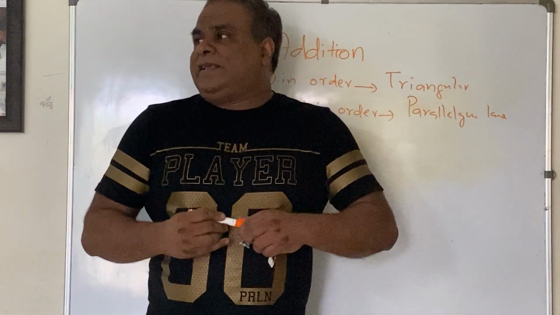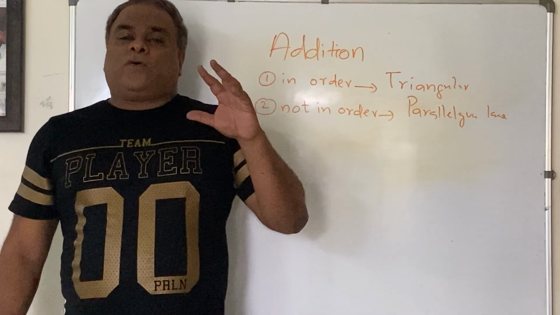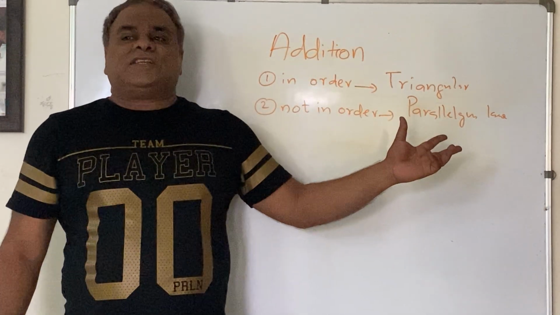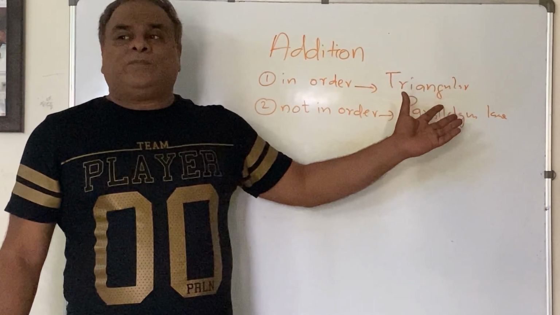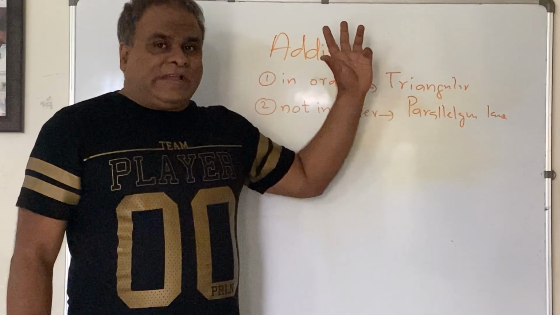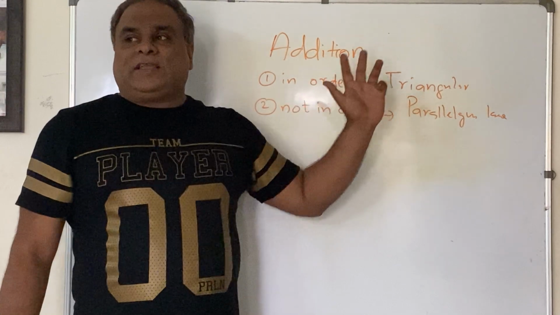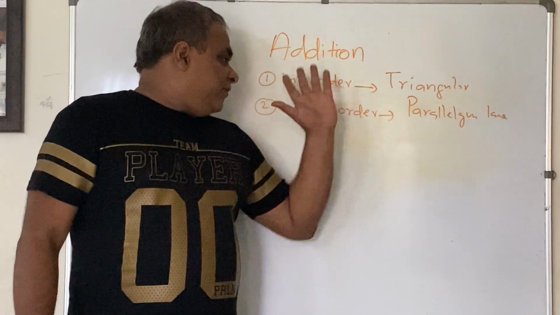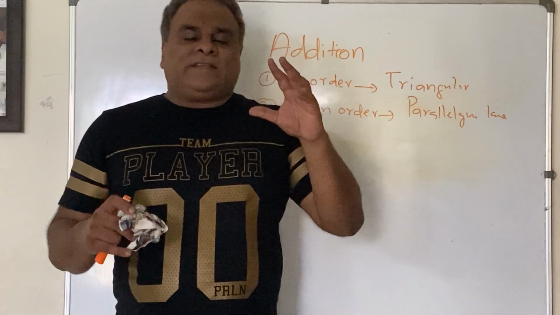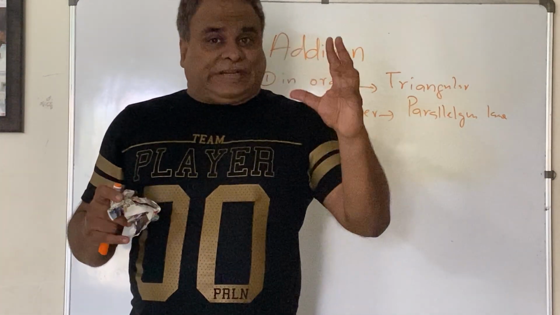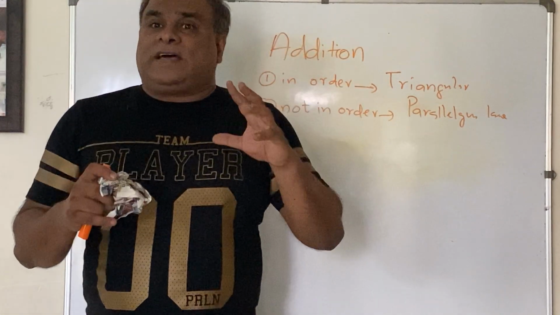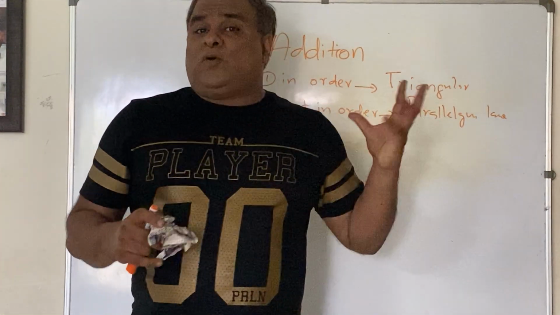Again, I am repeating the points. For vectors, there are two rules for addition. One is the triangular law, the second one is the parallelogram law. If the vectors are in order, you will use the triangular law. If the vectors are not in order, you will use the parallelogram law. So what do you mean by the vectors being in order, or not in order? That's what I am going to tell you next.